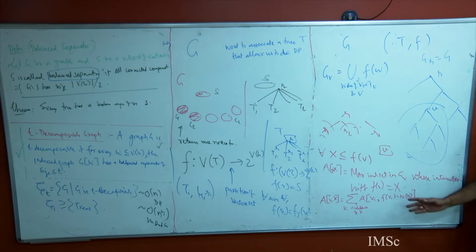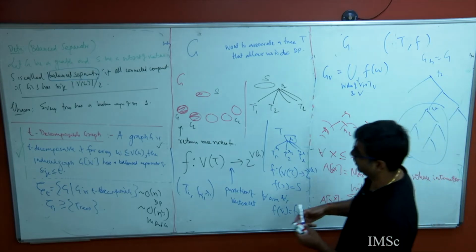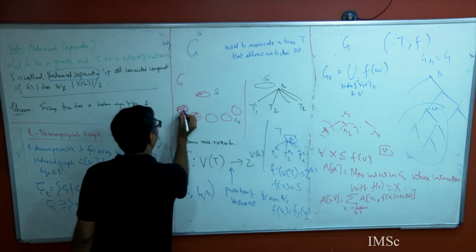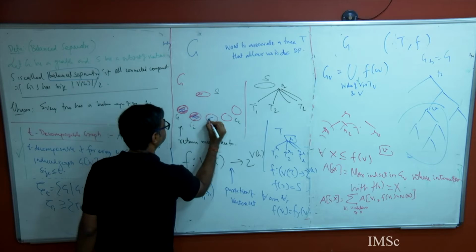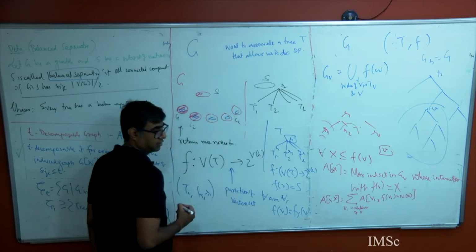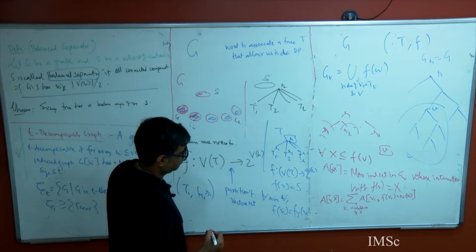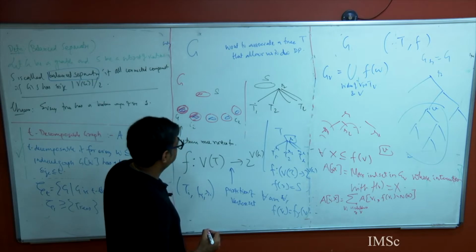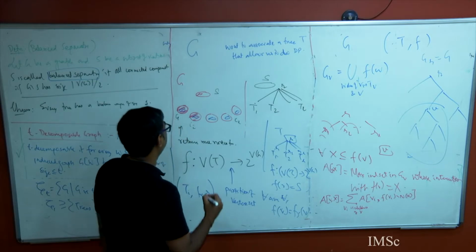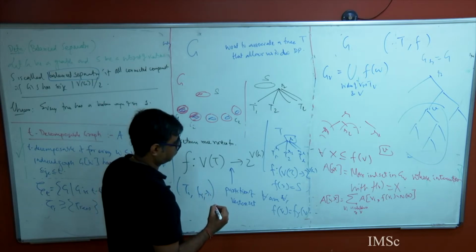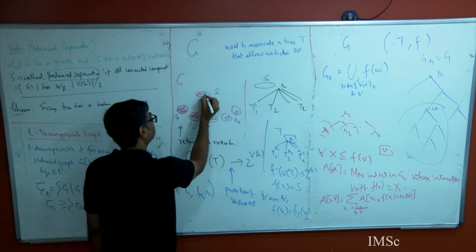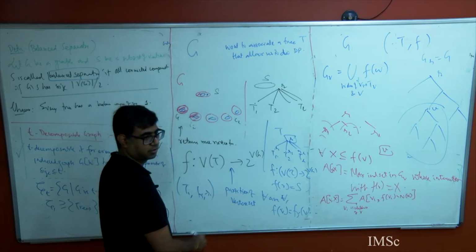But now let's look at the other side. I took an independent set, I found an independent set here, here, here, and here, and I would like to add x to it.